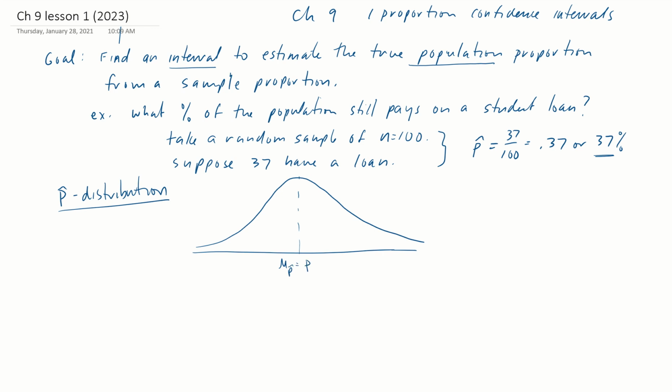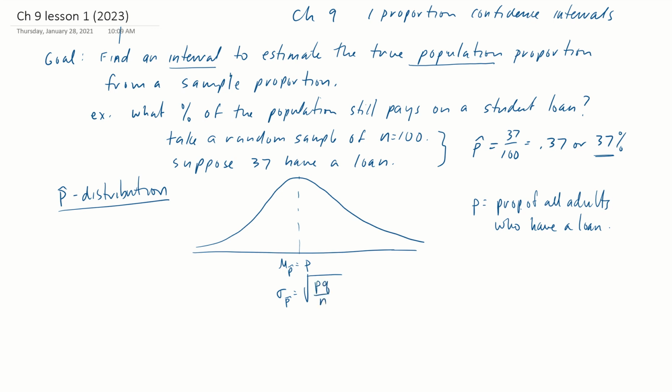This is the population proportion, equals the proportion of all adults who have a loan. And the standard deviation is the square root of PQ over n.